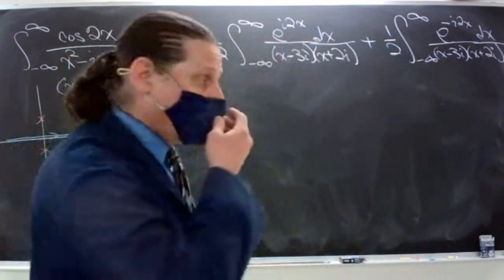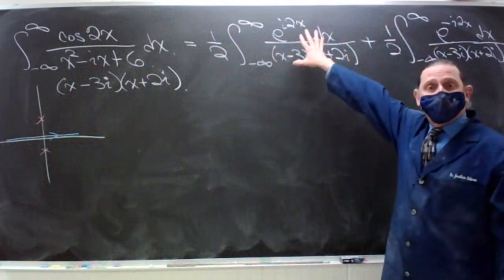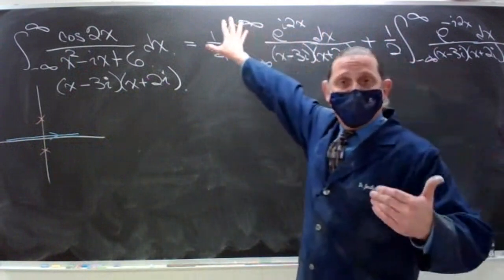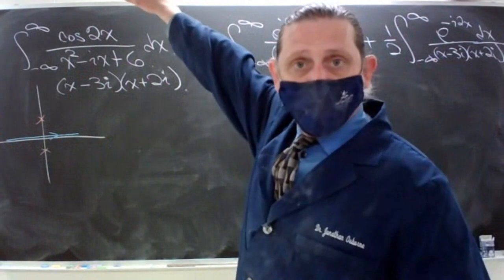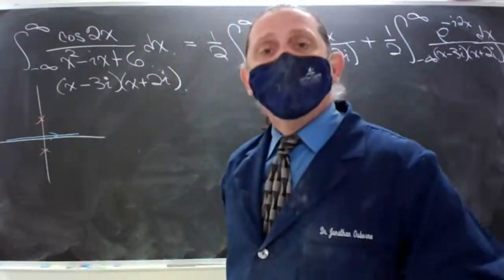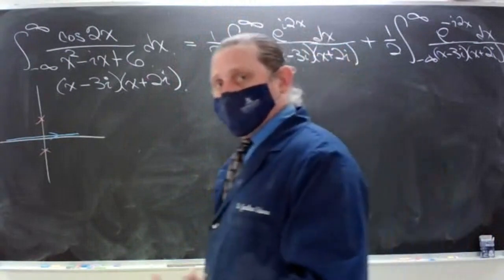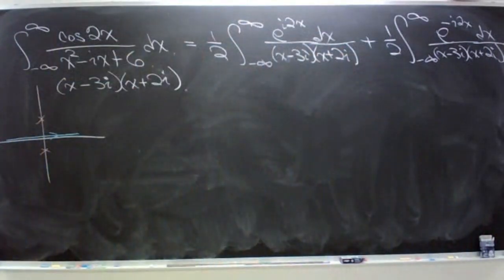And now, in the first piece, it's okay for me to close in the upper half plane. The exponential is going to be exponentially suppressed in the upper half plane. And that means that the semicircle at infinity will vanish as r tends to infinity.